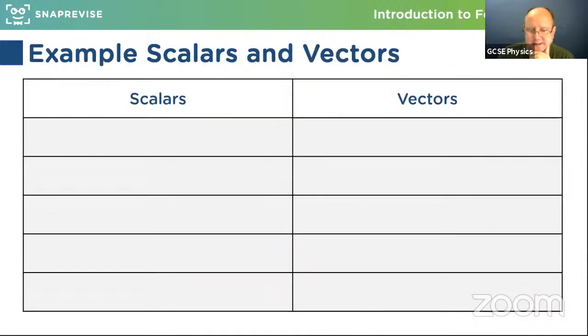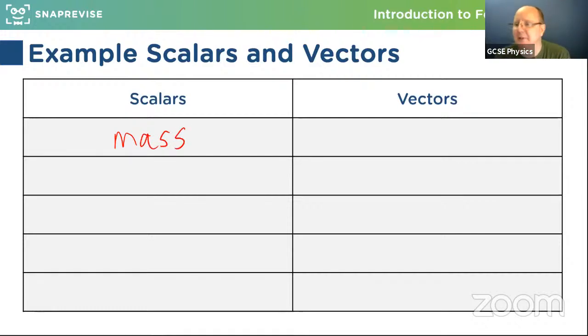Right, so let's move on to some examples then. We've already had one or two examples, so you can quickly reel them off again. Some examples of scalar and vector quantities. So think about some quantities you might measure or talk about or use in calculations that are scalar, that have no direction, and some that do. So mass is a scalar quantity.